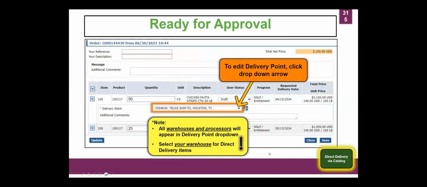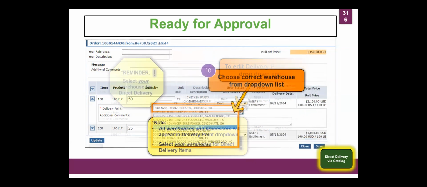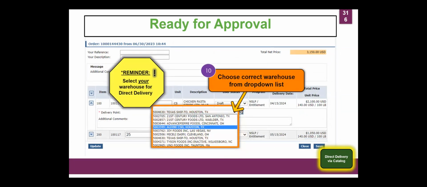So just remember that all warehouses and processors appear in your drop-down box. You have to make sure you're selecting your warehouse for direct delivery items. And again, make sure you select your warehouse.